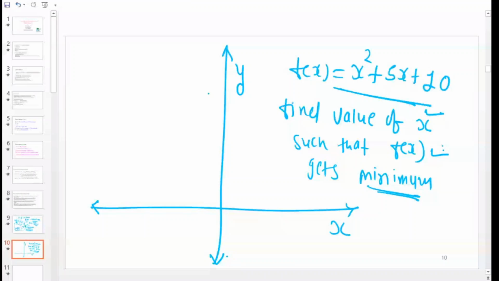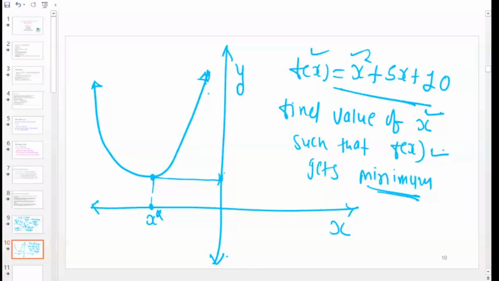If you take different values of x and draw the graph of f of x, that is y, you will observe that this graph will exist in the second quadrant, like this. So what is the point of minima? At this point x star, f of x, that is y, will become minimum. This is the minimum y.